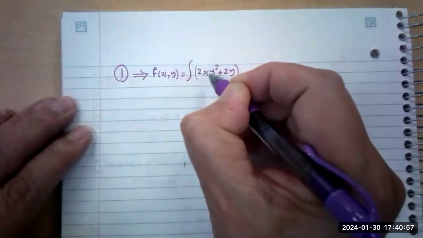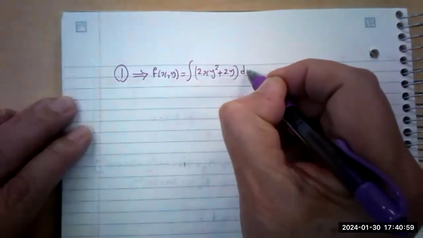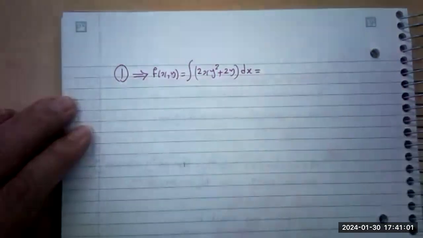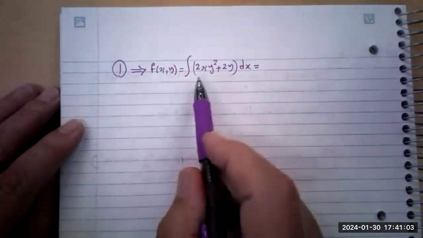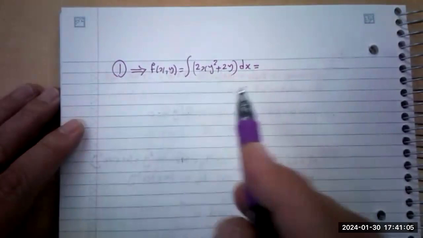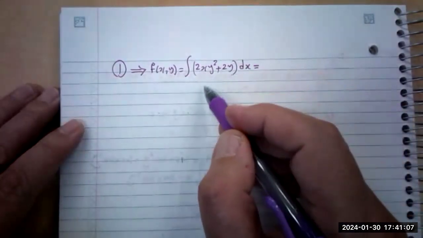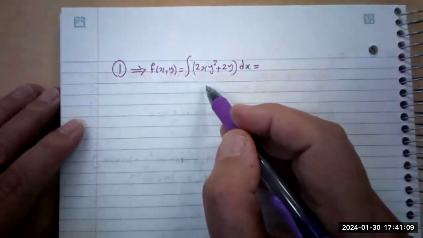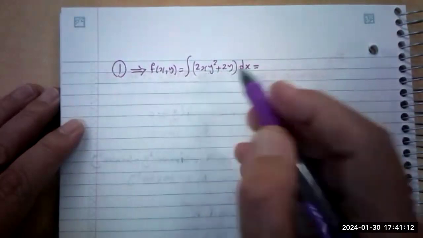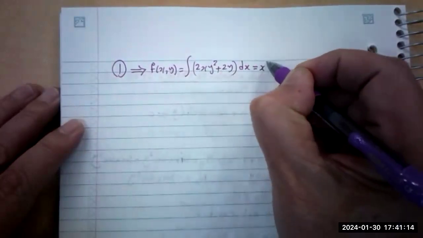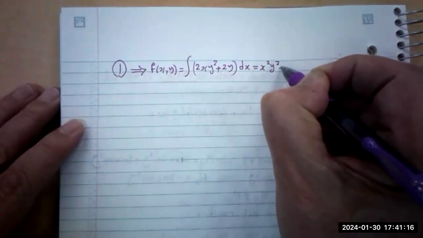But I'm integrating this with respect to x. Again, y is constant. So the integral of 2x would be x squared. So this is going to be x squared y squared.